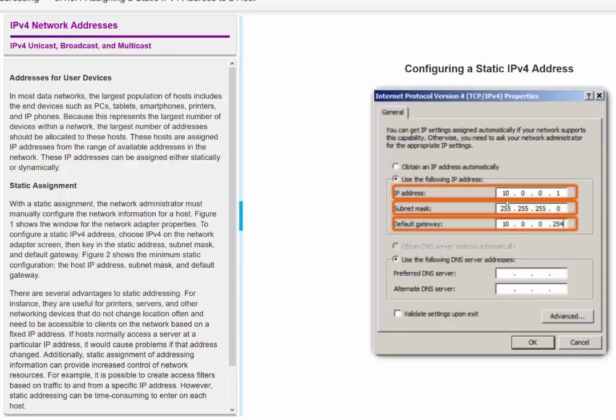The gateway is part of the network, and it takes one of the host addresses on this network. So the IP address settings are set statically, which means they are manually configured.